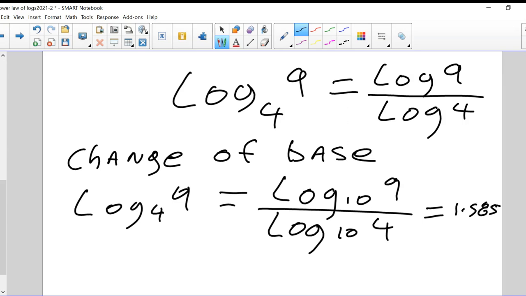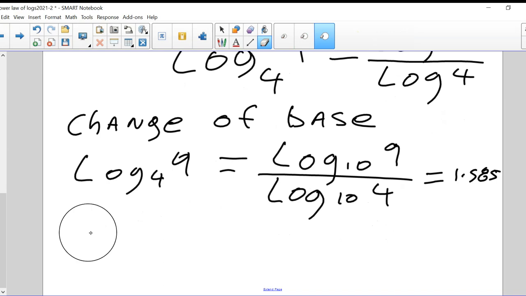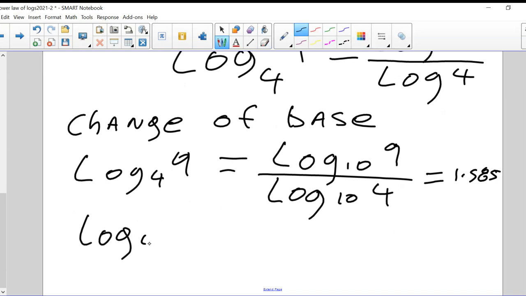1.585. Now, let's do this using the ln key. Again, we're trying to find the log base 4 of 9. Instead of using base 10, I want to be fancy.